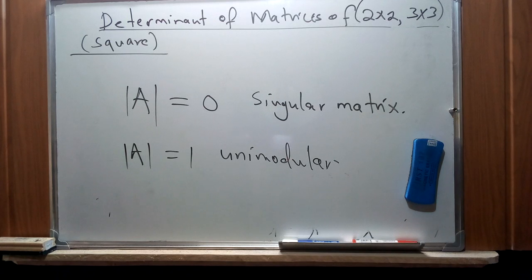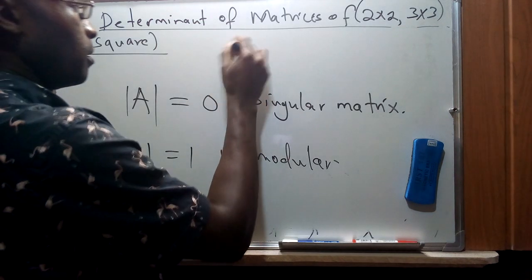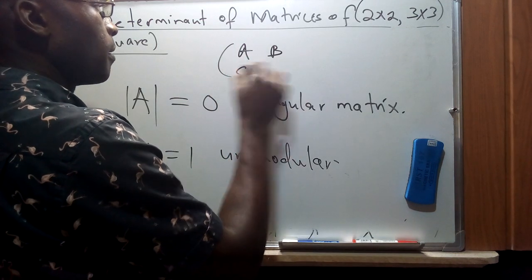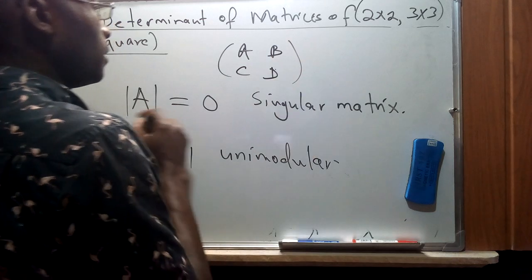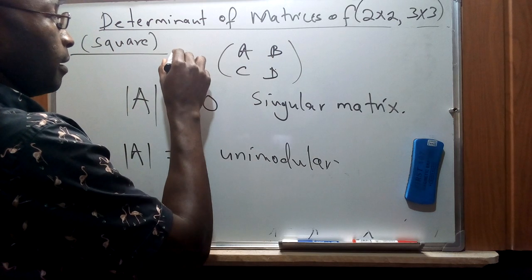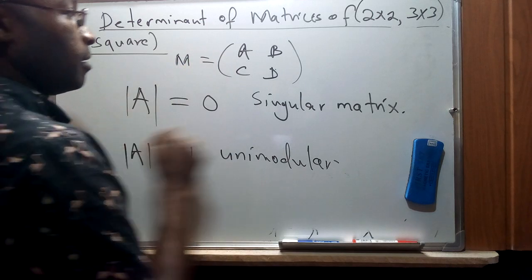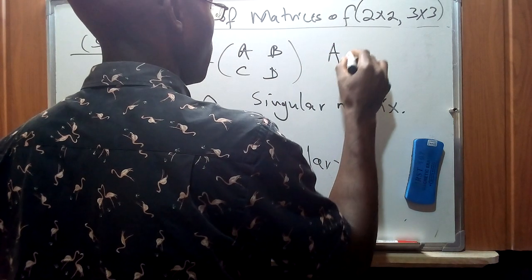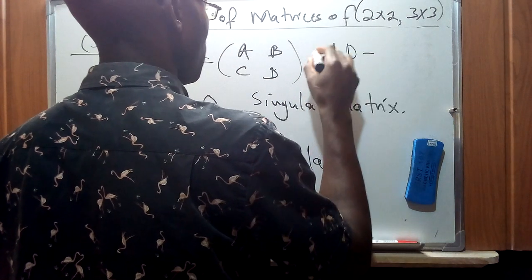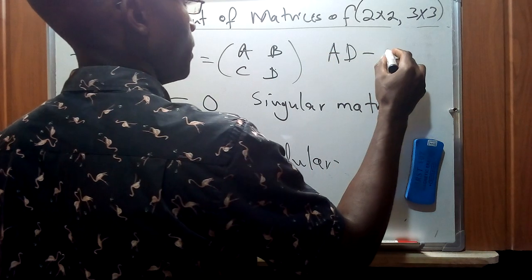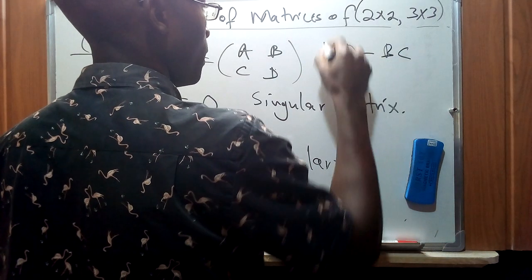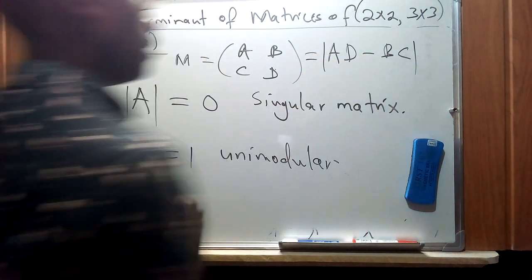So for a 2 by 2 matrix, we have said that the determinant can be generally given as the difference between products. Suppose a matrix M is given as that, we have said that the determinant can be given as AD minus BC, in a particular order.